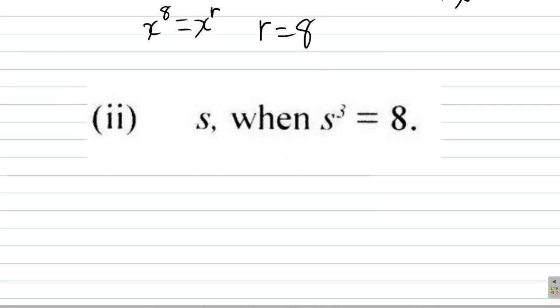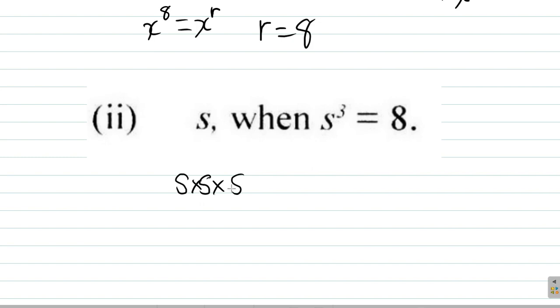Something raised to the power 3 equals 8. You remember? When you say x raised to the 3, that is x times x times x, 3 x's multiplied by one another. If I raised it to the 4, you'd have 4 x's, and so on and so forth. But 3 x's lined up and multiplied by one another give you 8.